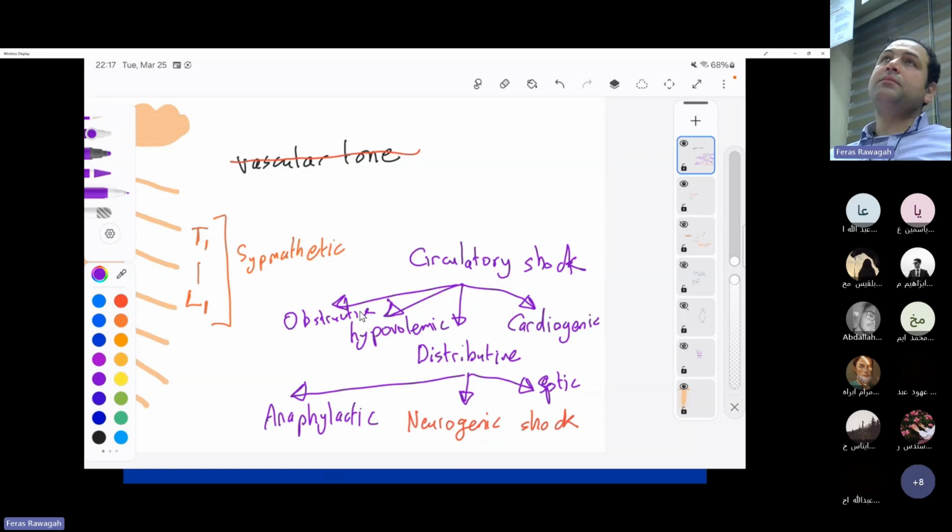Now, some books can mix between them, but we want to separate between them. Neurogenic shock is something, and spinal shock is a different thing, although they can come together. Some books use them interchangeably or use just one term to express both things. But actually, those are two different things. So this is called neurogenic shock.